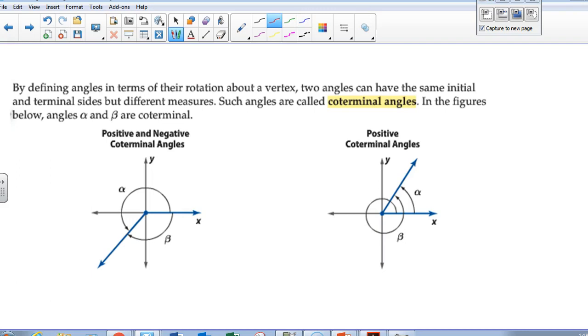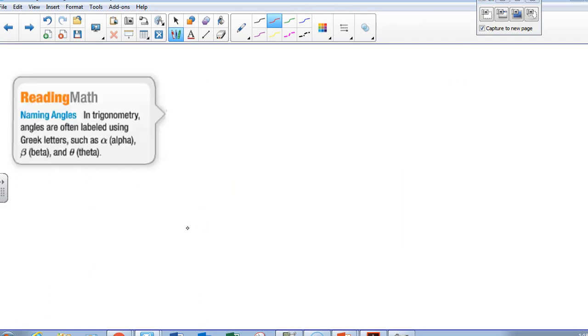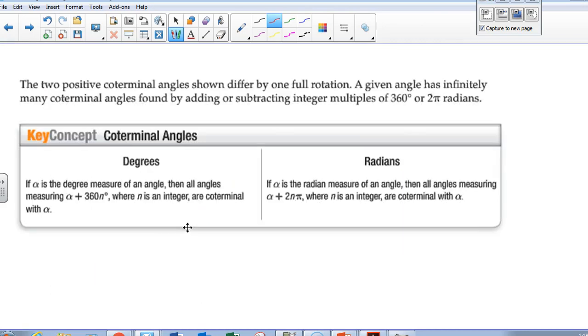If we want to talk about every multiple of 360, that's a whole multiple of 360, we're going to say when n is an integer, in other words, a positive or negative whole number, we're going to take our reference angle and add or subtract 360 times that integer if we're in degrees, to find all the coterminal angles.